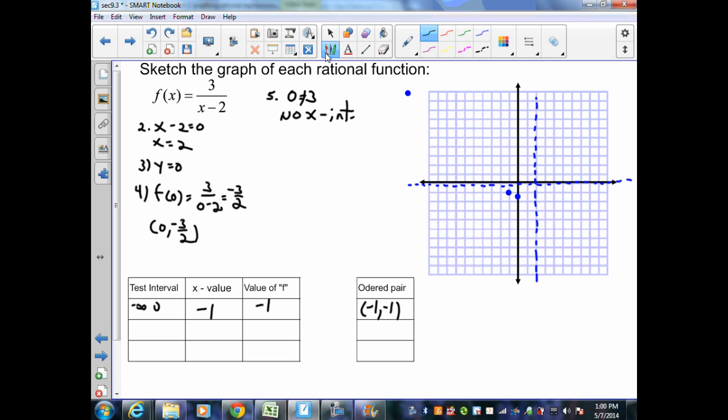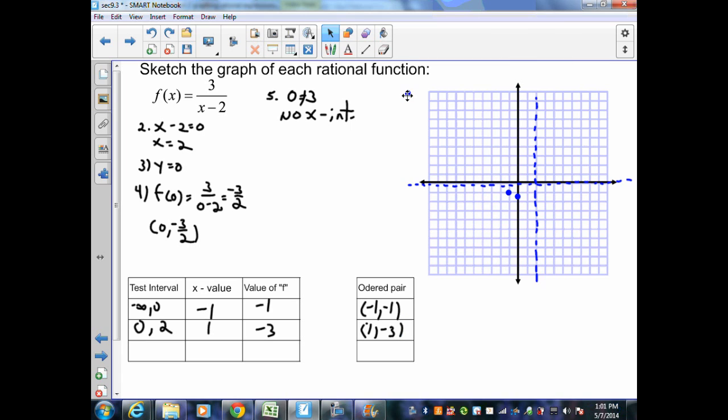Then I want to find a value between my y-intercept and my vertical asymptote. That would be between 0 and 2. A value between, x value between 0 and 2, I can choose 1. And when I do that, I'm going to get a negative 3. So my ordered pair is 1, negative 3.